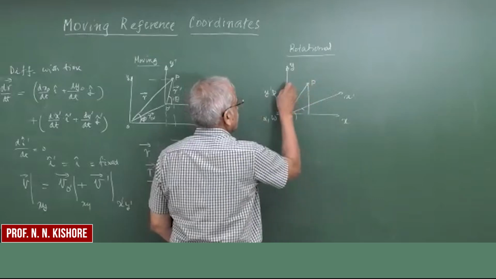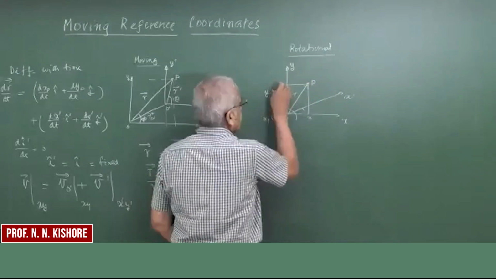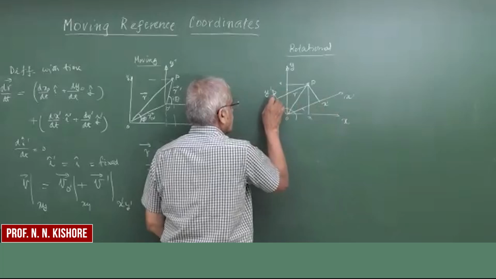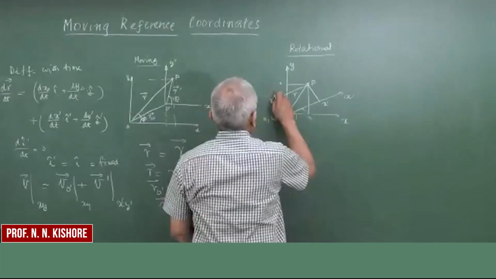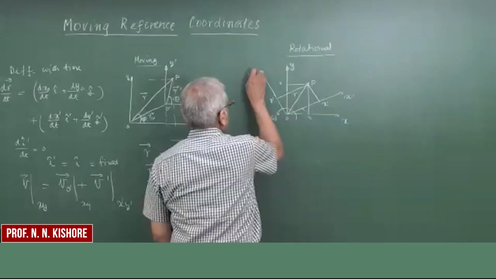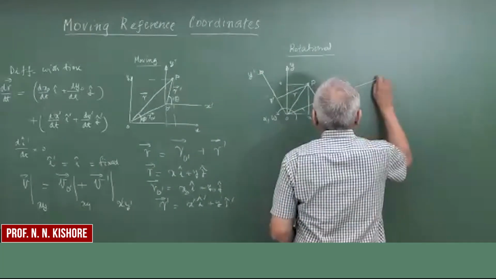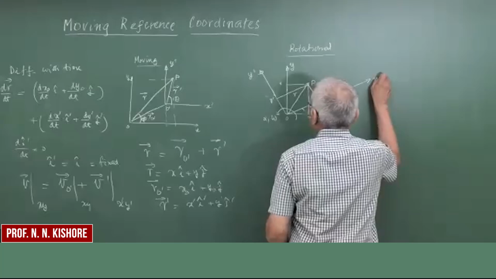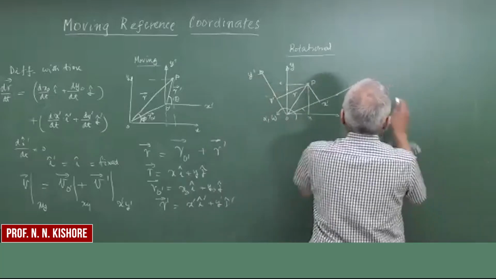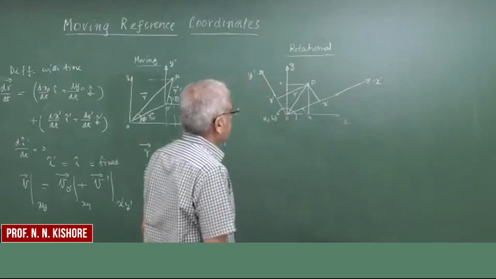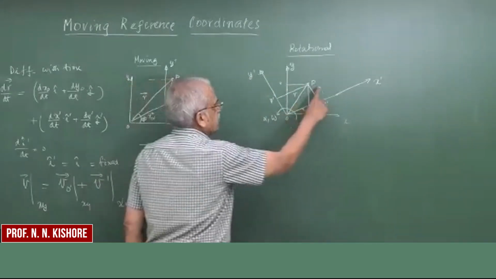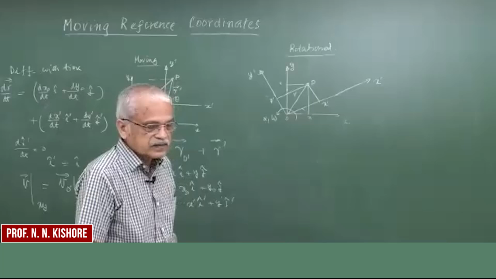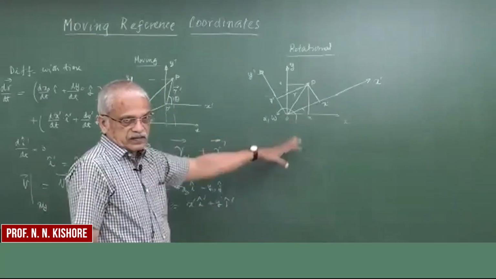For example, if this is xy, while this is x prime, y prime, I hope you can see now that this P is observed in xy as well as in x prime, y prime axes, and the origin is at the same point.